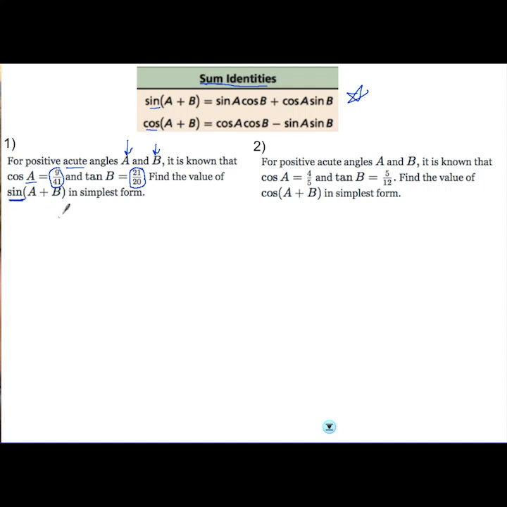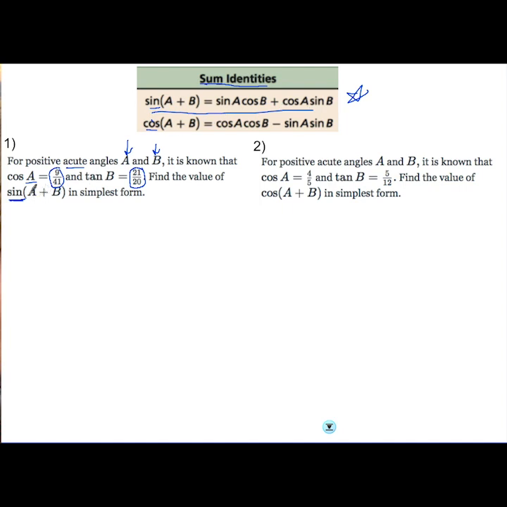In order to do this, we're going to build some triangles because we don't know A and B. These triangles are going to allow us to find those particular side lengths, and then we use this formula right here.